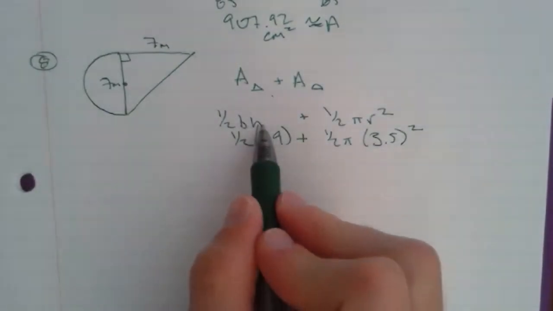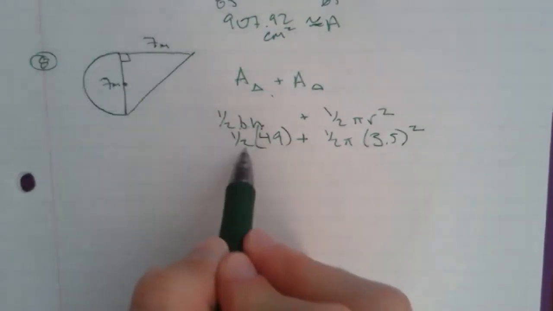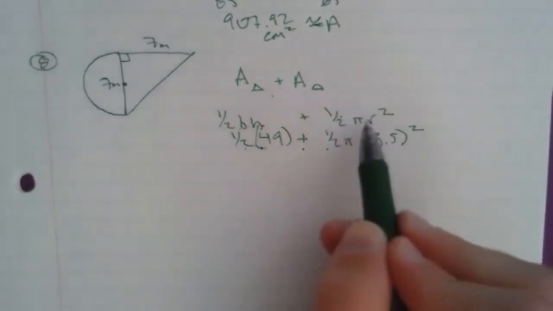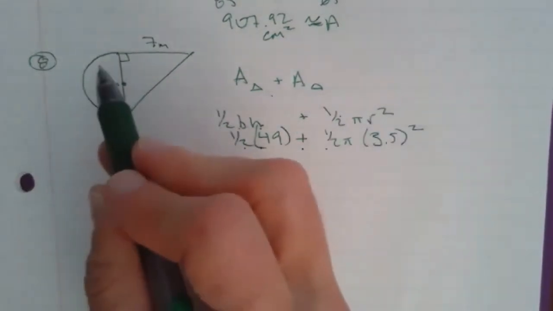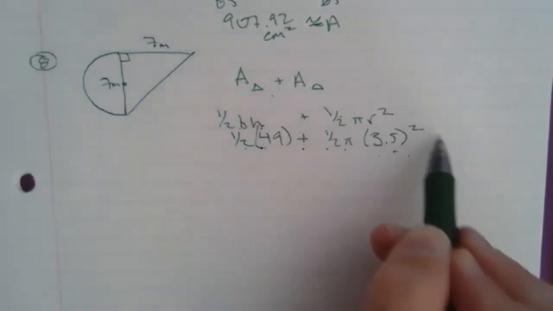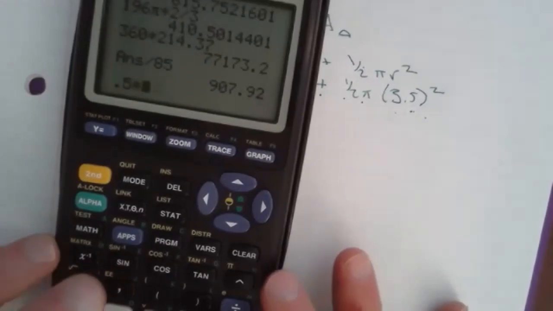So half the base times the height, half of 49, plus half the area of the circle, because it's half a circle right here. Half pi, 3.5 is the radius, 3.5 squared. I don't know what 3.5 squared is, so I'm just going to go in here. I'm going to do 0.5 for half.